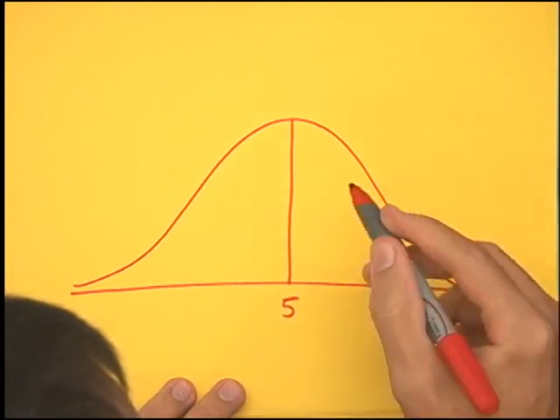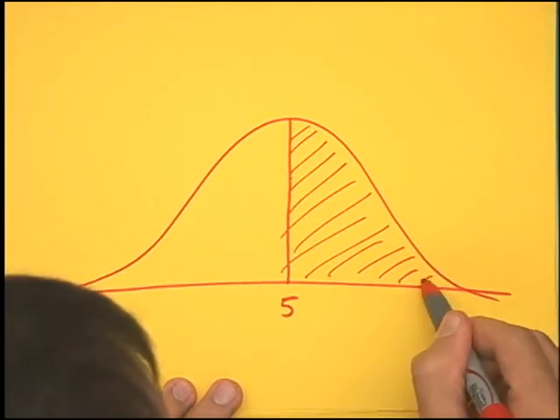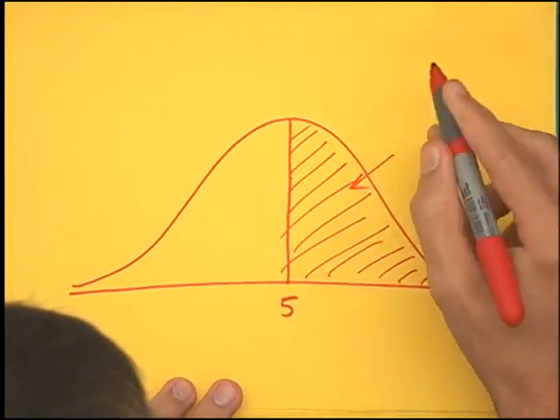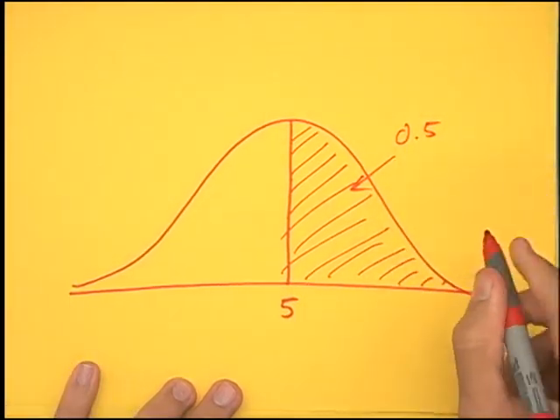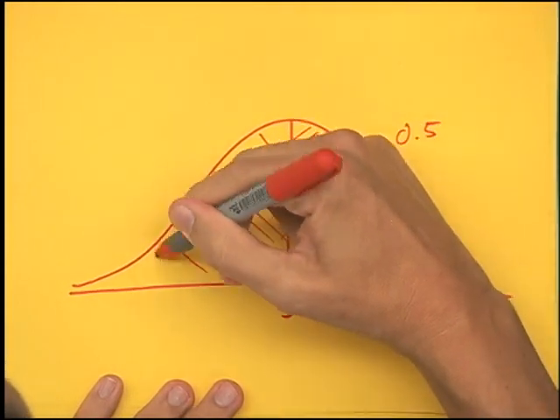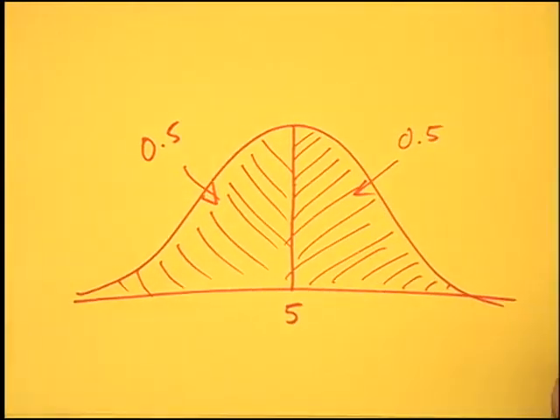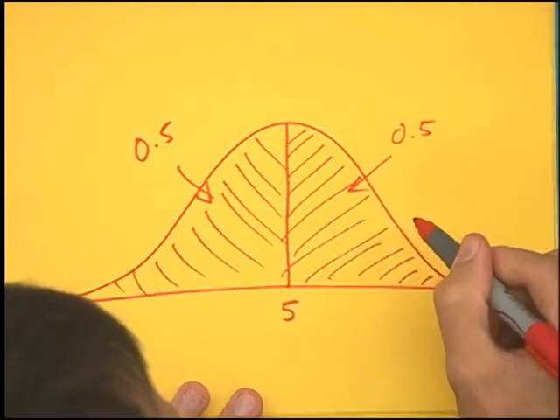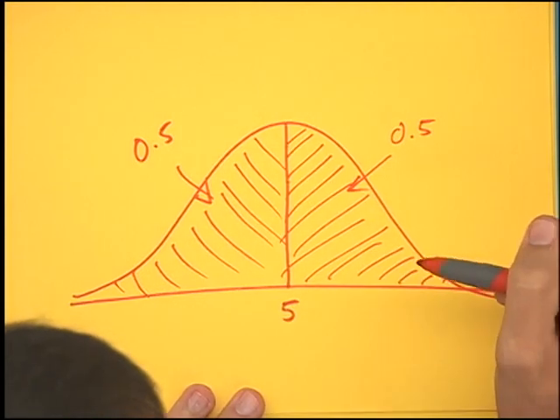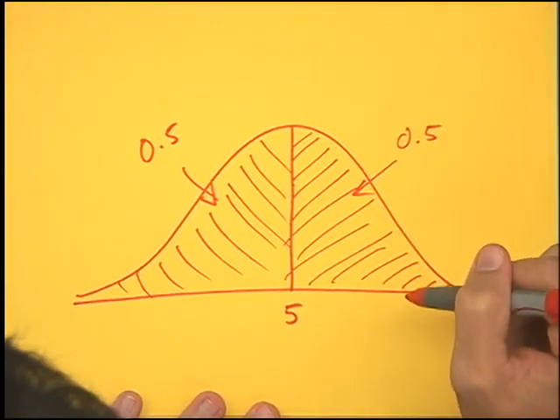So the probability of greater than 5 literally means the area to the right of 5, and that area is 50%. The area over to the left of 5 is also 50%. So that's important to remember. We can think about the areas under the normal curve as actual probabilities. That's exactly what they are.